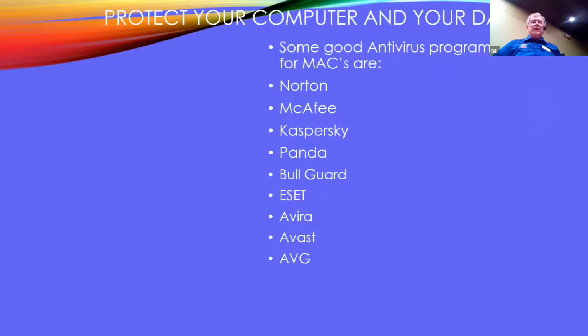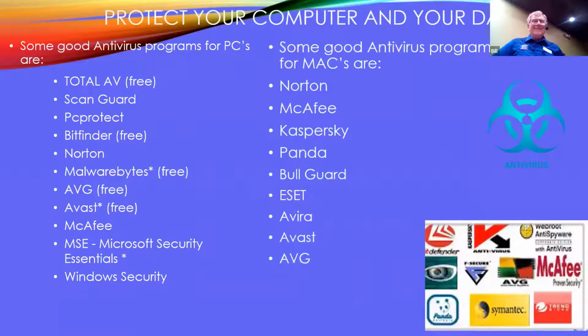Here's the name of some programs. Ooh, that one's supposed to appear that way. Some of the antivirus programs for the PC are, and I've named a lot of them, ScanGuard, PC Protect, Bitfinder, Norton, Malware. I use Windows Security. Pretty nice piece of software. I haven't had a problem yet.